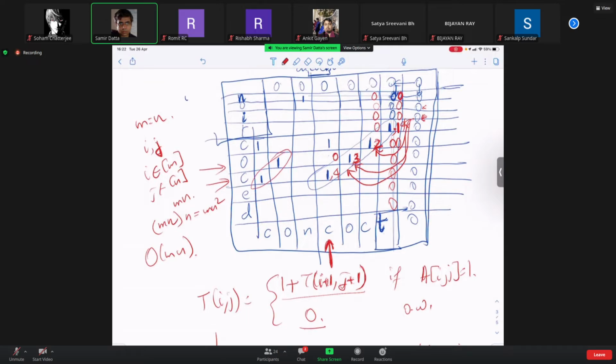So if m is equal to n, this would take order n cubed time, while here we are taking n squared time. So we have shaved off a factor of n. Do you agree with me?